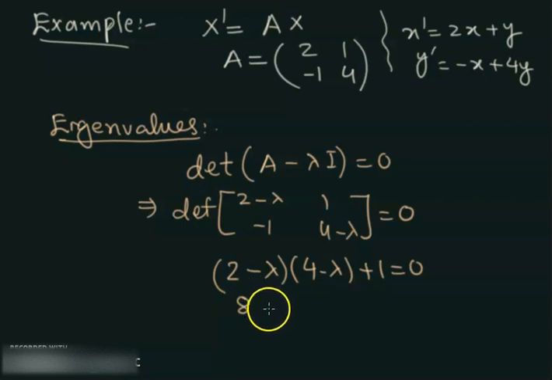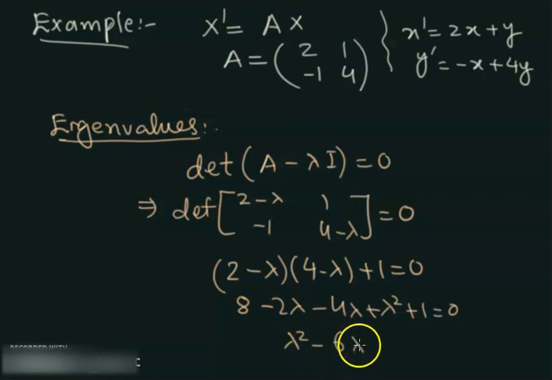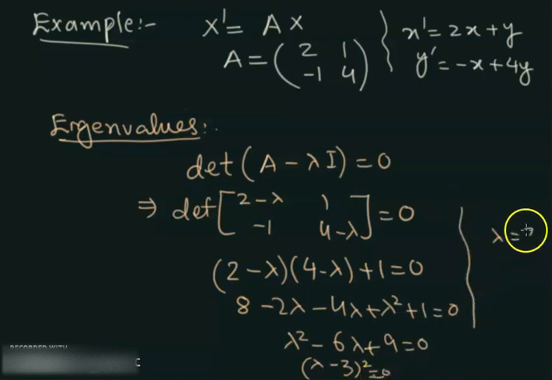This is 8 minus 2 lambda minus 4 lambda plus lambda squared plus 1 equals 0, or lambda squared minus 6 lambda plus 9 equals 0. You can show that it is (lambda minus 3) squared equals 0, and that means lambda must be equal to 3. There are basically two roots, and both are repeated, lambda 1 and lambda 2 are both 3. So that means this system is one where the eigenvalues are repeated.